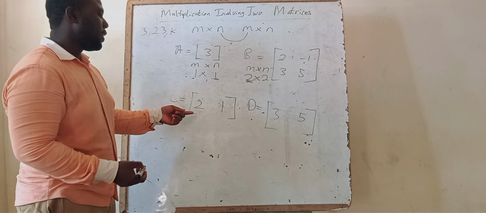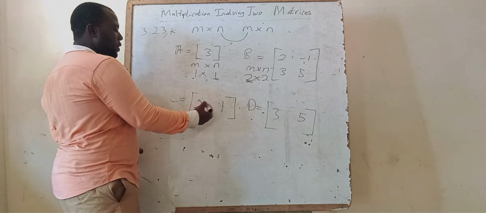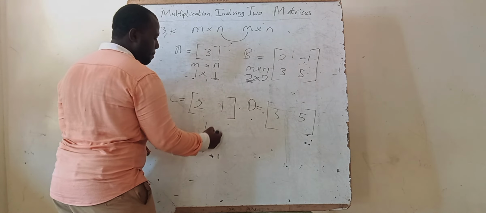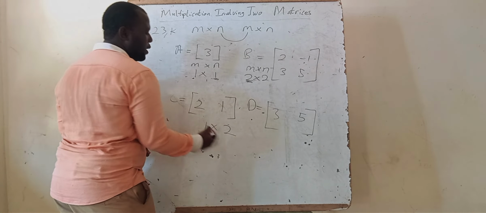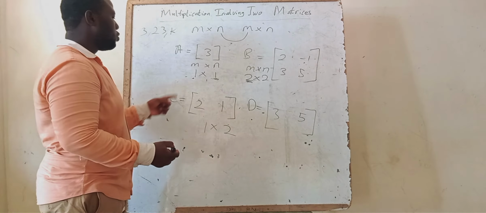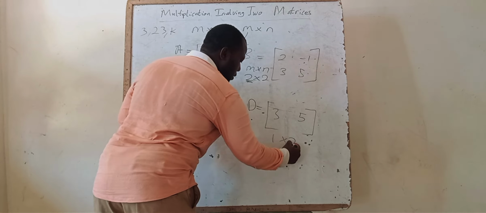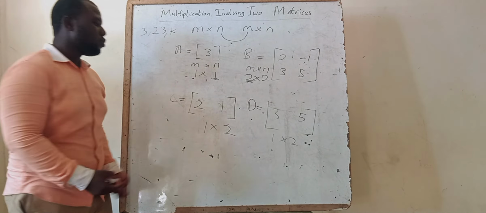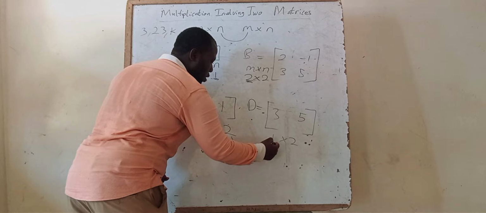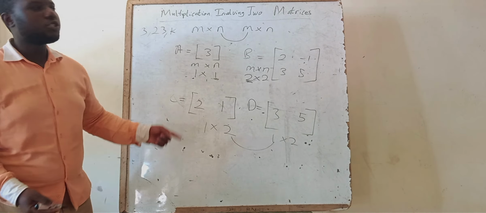When you check, the dimension of C is 1 by 2: one row, two columns. The dimension of D is 1 by 2: one row, two columns. Since the columns of C are not equal to the rows of D, multiplication is not possible.